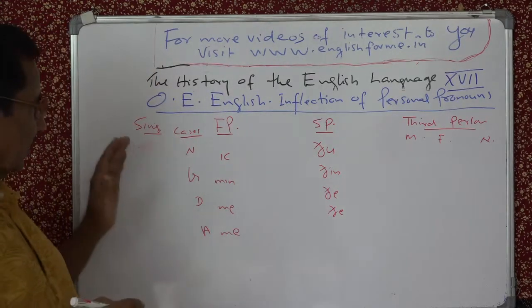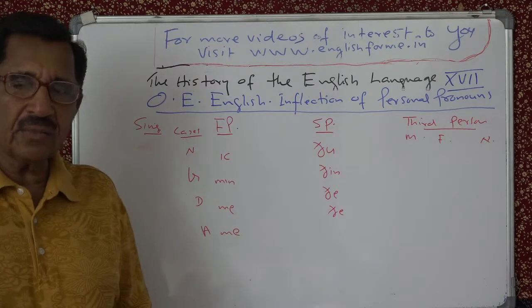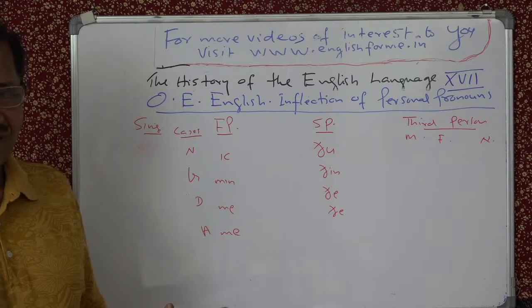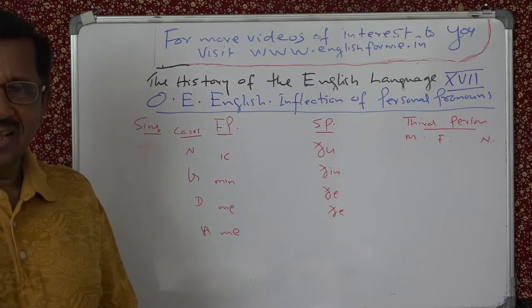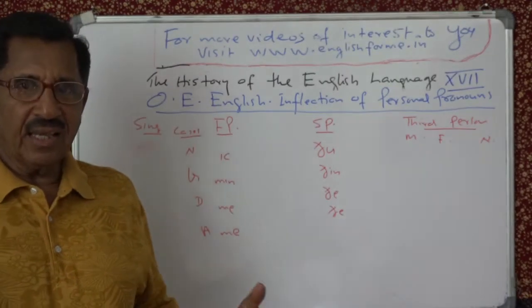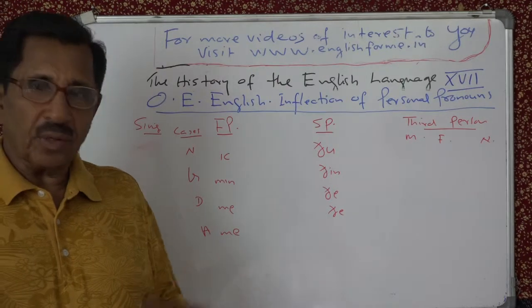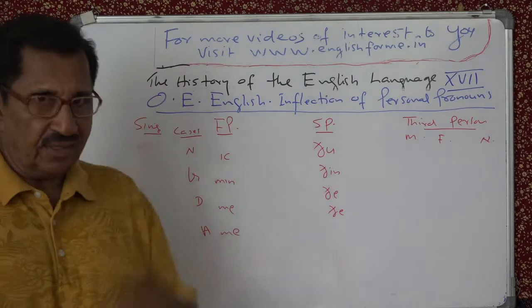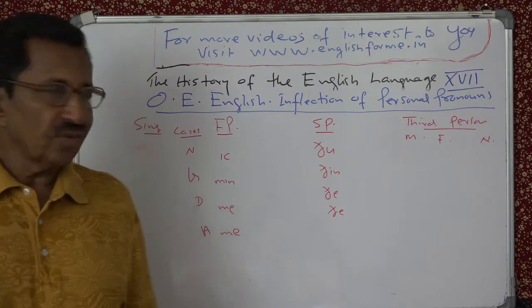In modern English, we have only you, whether it is nominative, genitive, dative, or accusative. God loves you. You are a boy. He gave you a book. There is one change, that is your, in the genitive. And the indirect object is also the same.